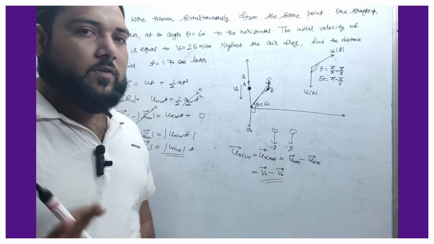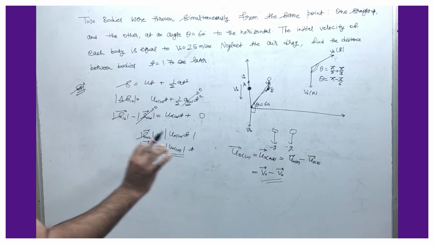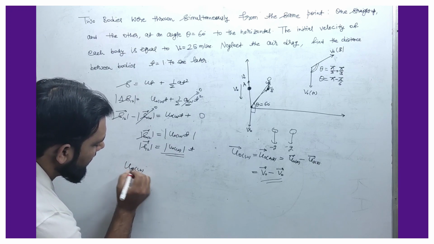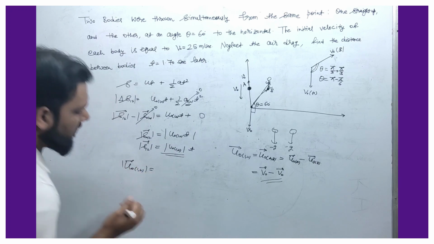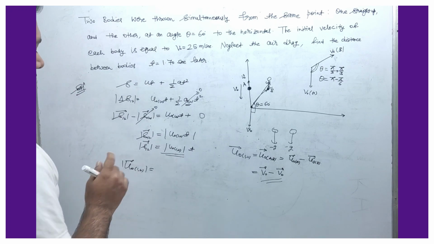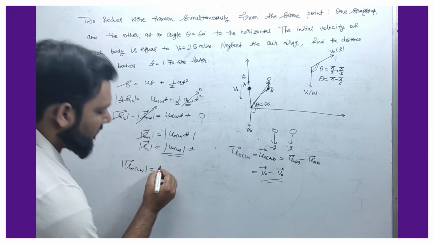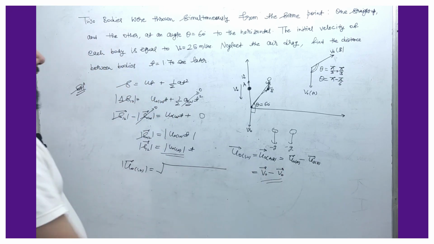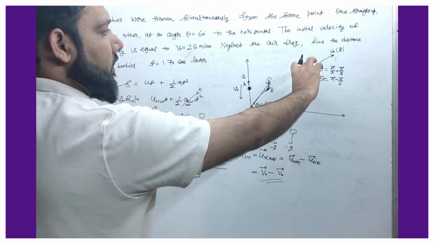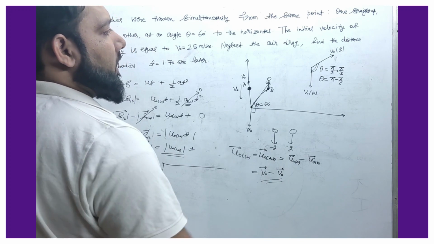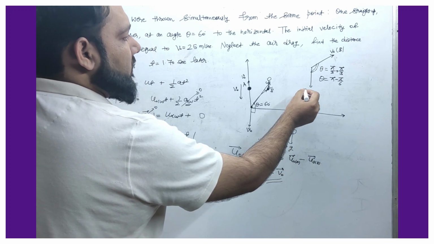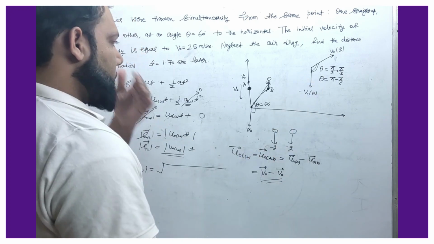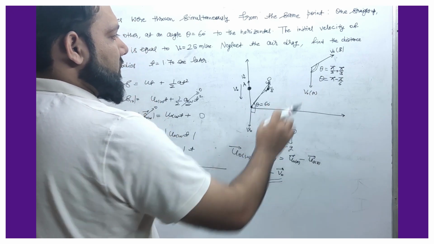So guys, listen carefully. I am writing down this expression. The magnitude of v 1 2 is equal to under root, because we are taking the magnitude of two vectors. We have already taken the negative vector. This is minus v naught, because it is in the opposite direction.